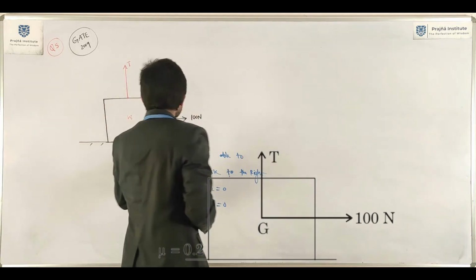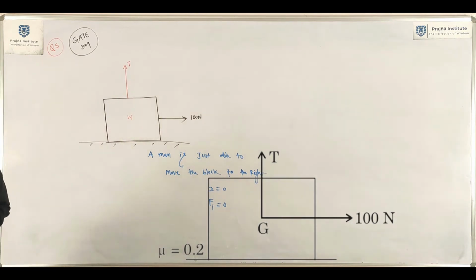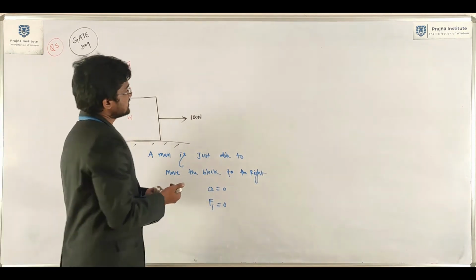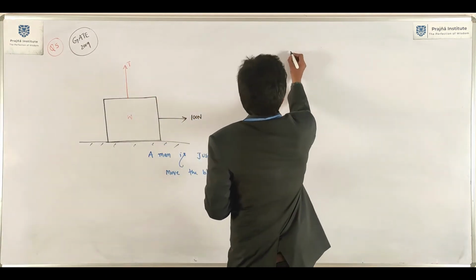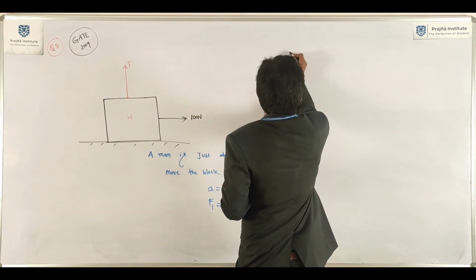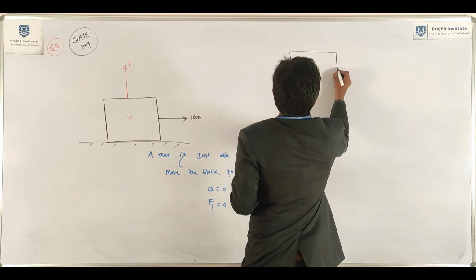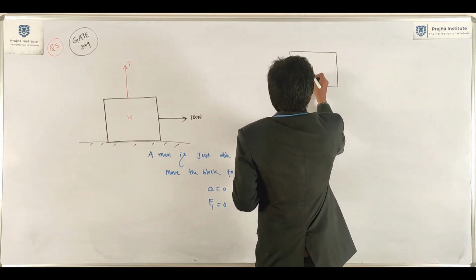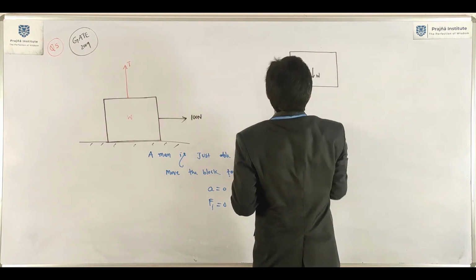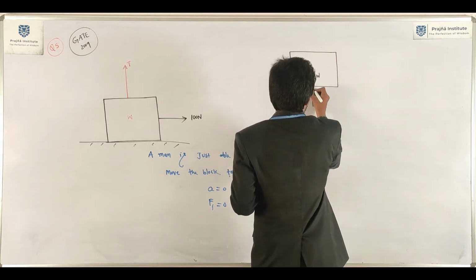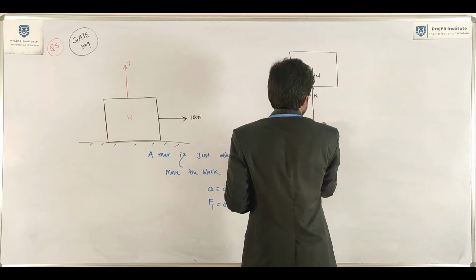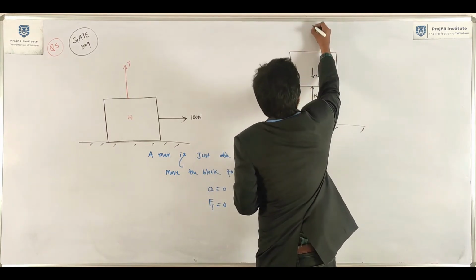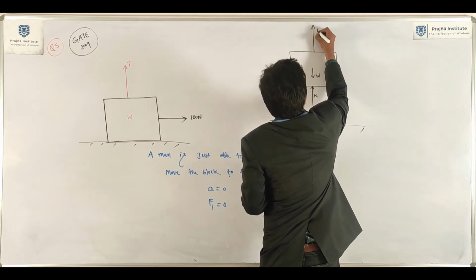What are they asking? The tension in the cable, T. It is a very simple problem. Draw the free body diagram for the block. Weight of the block always acts vertically downward. At every contact surface, two normal reactions act, equal in magnitude, unlike in nature. Tension in the cable acts like this.